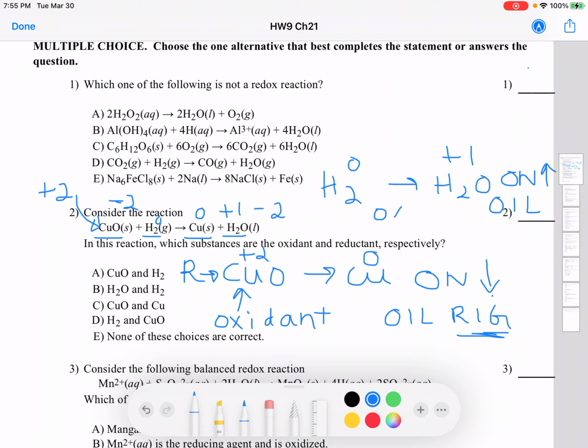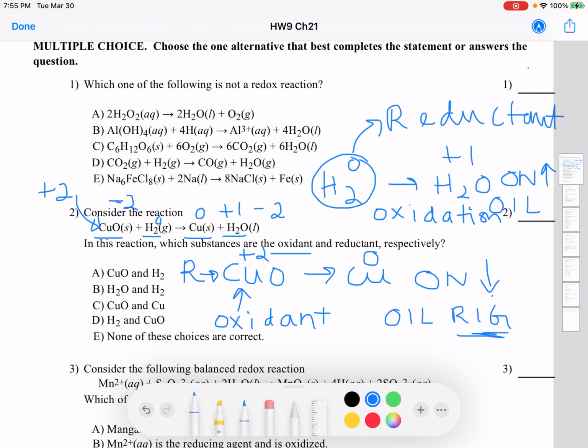So this process is oxidation. It loses electrons going from 0 to +1. Oxidation, so then the hydrogen will become the reductant, or the reducing agent. So copper oxide is the oxidant and hydrogen is the reductant.